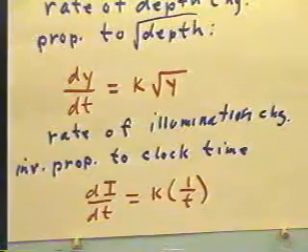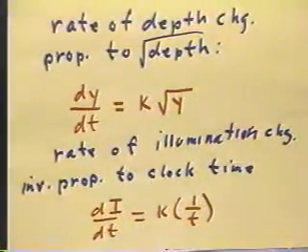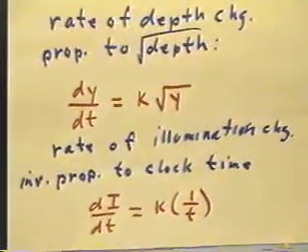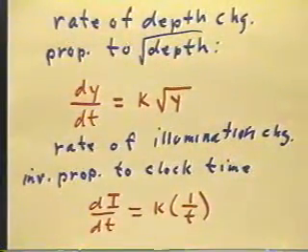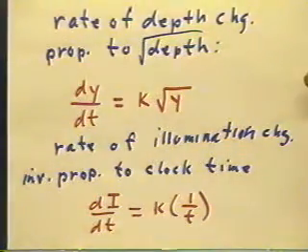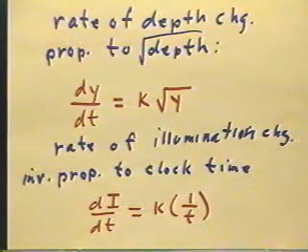We have another one where we imagine that we are moving away from a uniform point source of light. The illumination is going to decrease as we move away from that source.